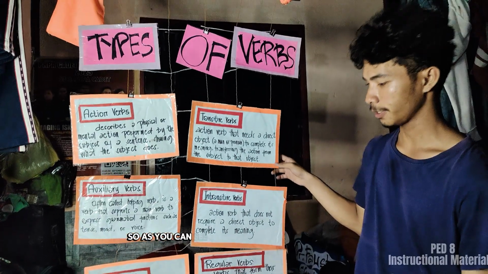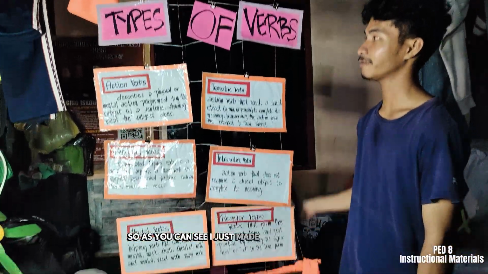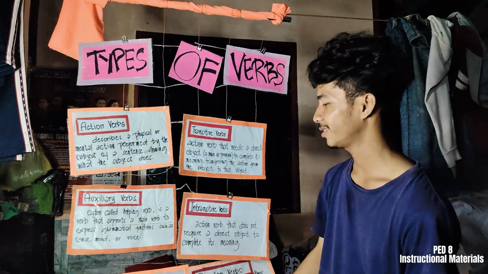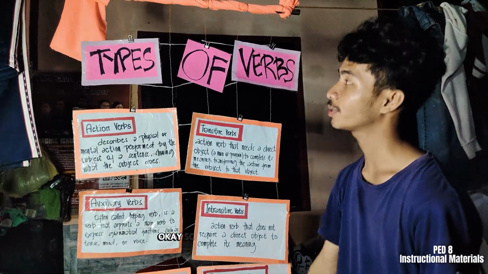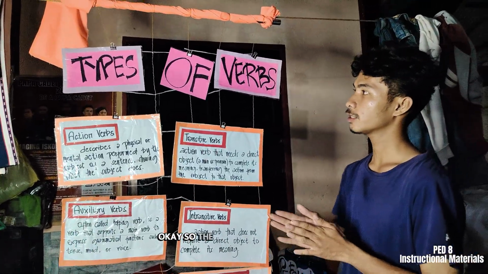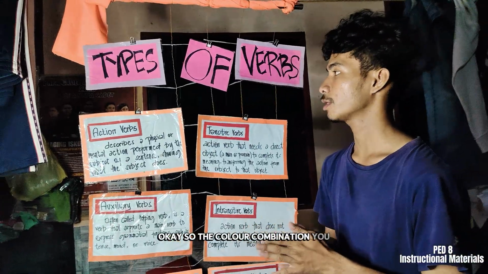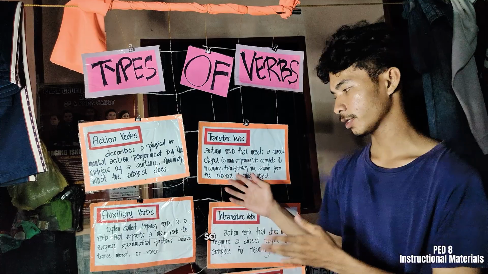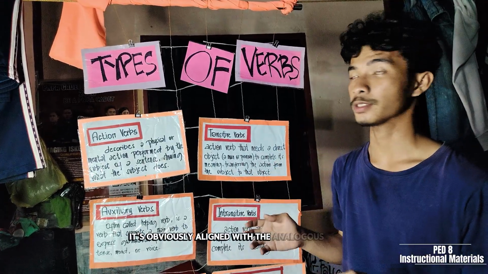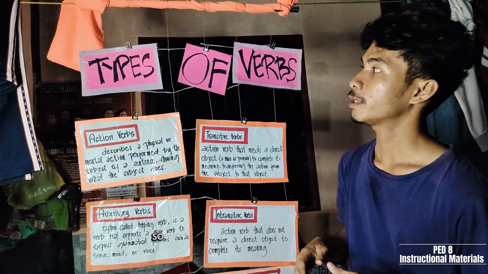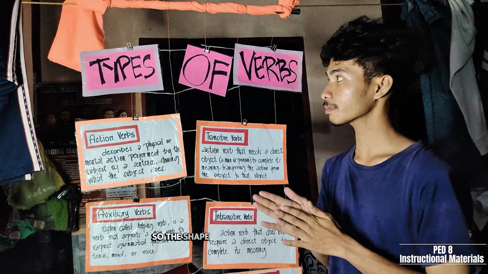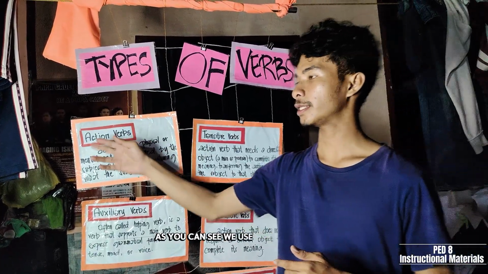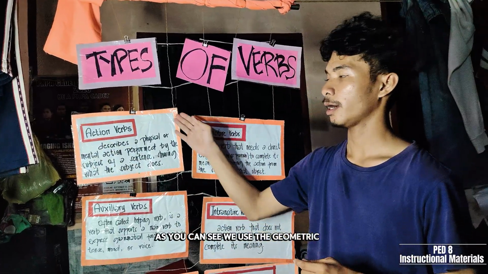As you can see, it is made up of rope and a pole. The color combination used is aligned with the analogous theory, which is obvious. As for the shape, we use geometric shapes.